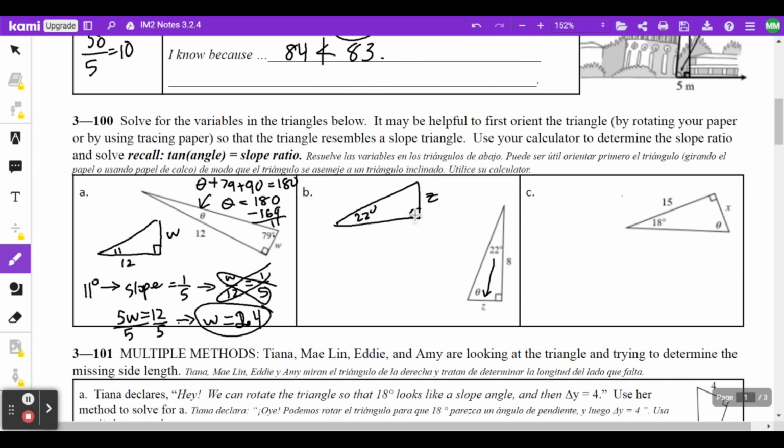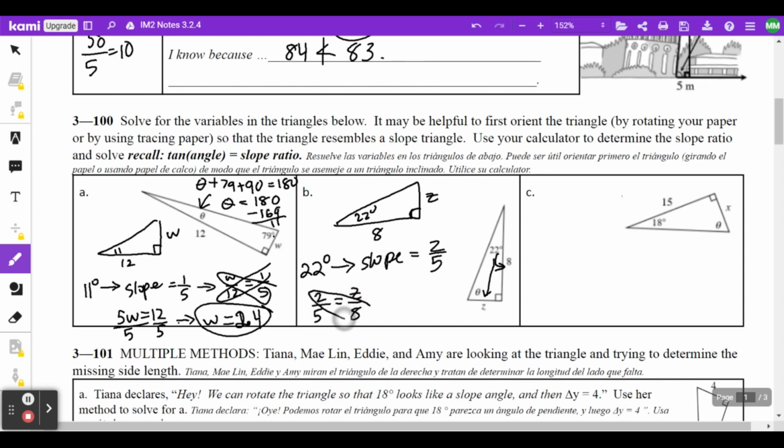The side across from 22 degrees is Z, and the side touching 22 degrees is 8. Using my graphic organizer, I find that my slope is 2/5. So I have 2 over 5 equals Z over 8.